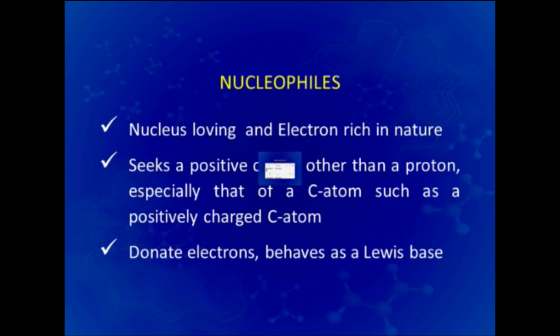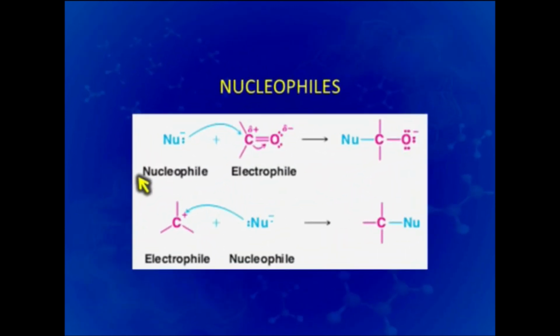As you can see in this particular reaction, a nucleophile is attacking an electrophile. The nucleophile has an unshared pair of electrons, attacks the positive center of the carbonyl compound, and therefore this particular bond moves to the oxygen, and what we get as product is the nucleophile attached to the positive center of the carbonyl compound and forms a bond here.